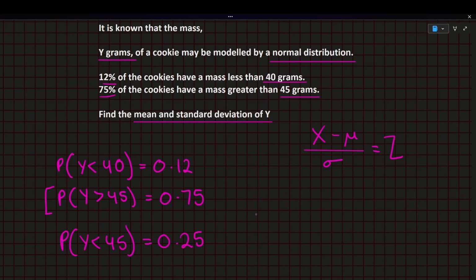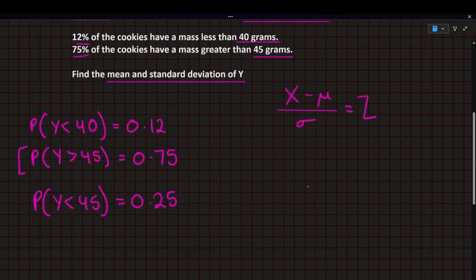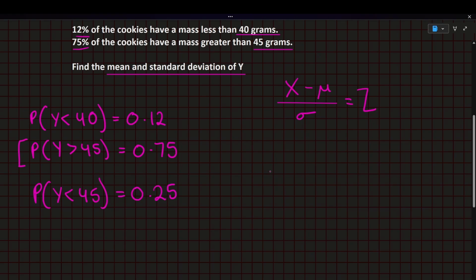Now let's put our values into our equation. So we'll start with the first one, 40 minus our mean divided by our standard deviation equals z. And now we'll calculate z using the inverse normal function on your calculator.